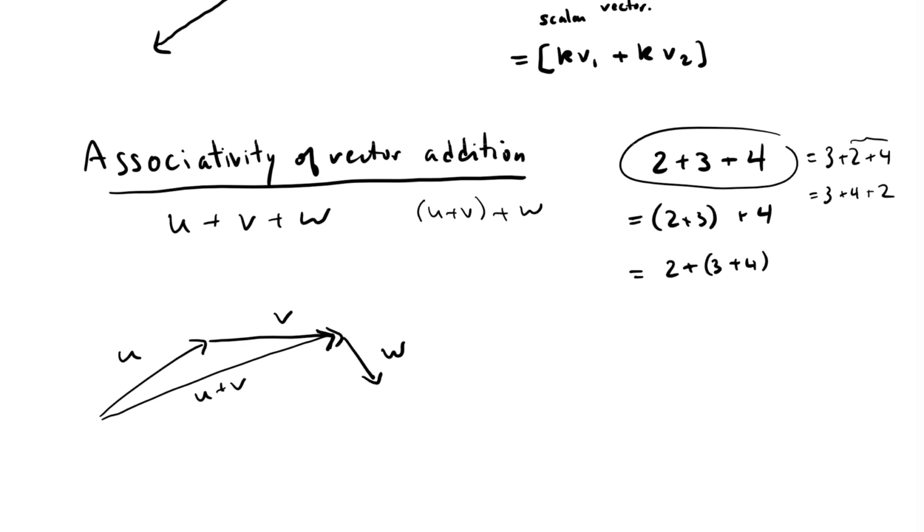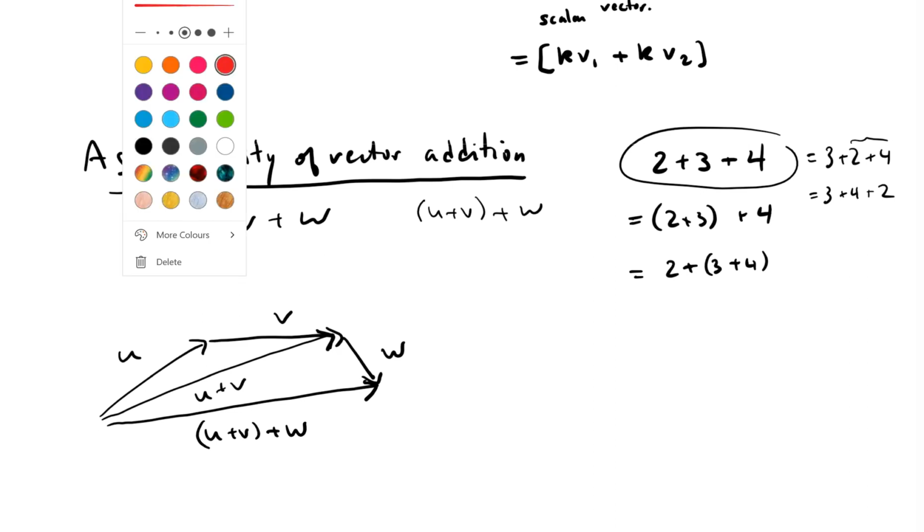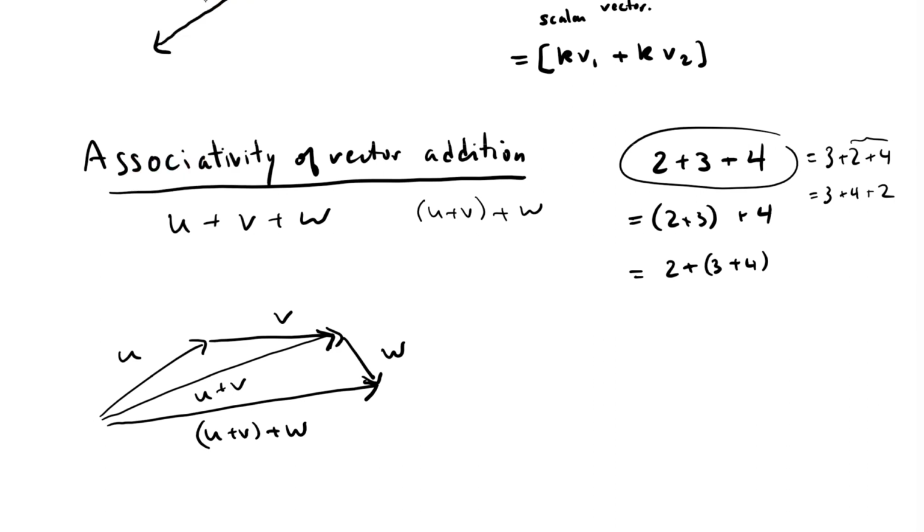So u plus v is right here. If I add w to it, I'm going to get this, right? So I'm following the path created by u plus v and then by w, and I end up with this, u plus v plus w. Okay, maybe let's change color for the next part. If I do u to which I add v plus w, let's do v plus w.